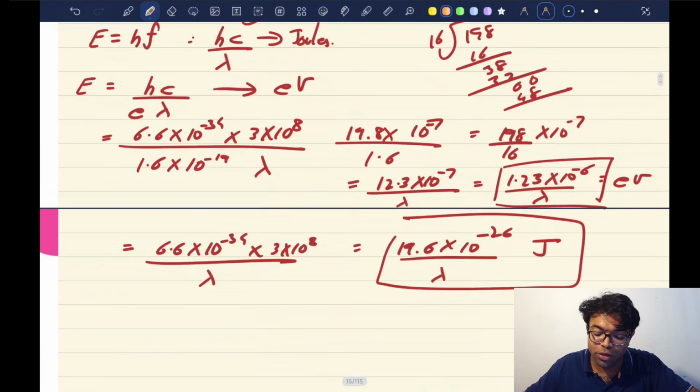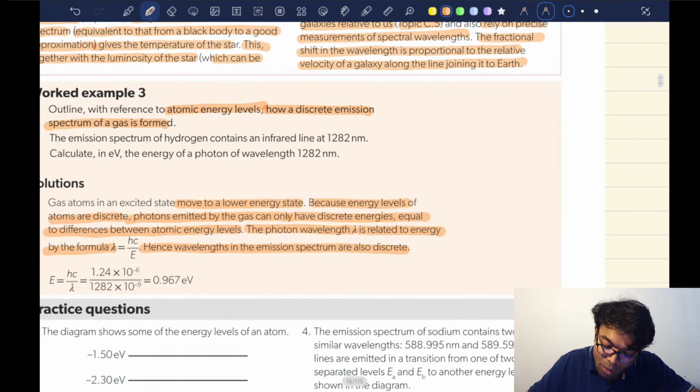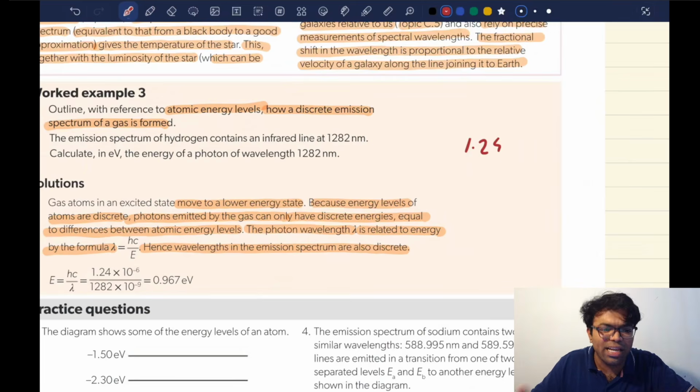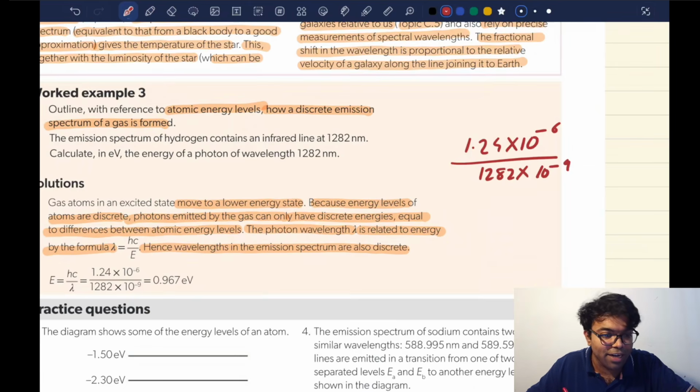1.23 into 10 to the power minus 6 upon lambda. So you have 1.24, let's use their value itself, into 10 to the power of minus 6 upon lambda, which is 1282 into 10 to the power of minus 9 electron volts.